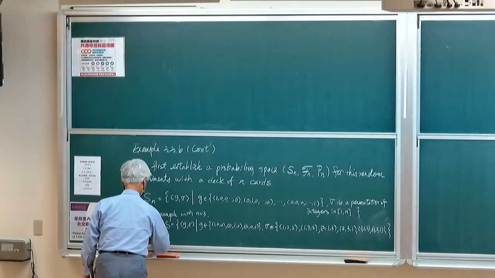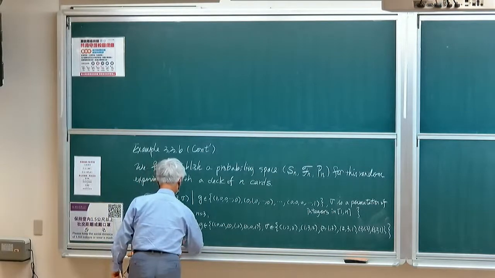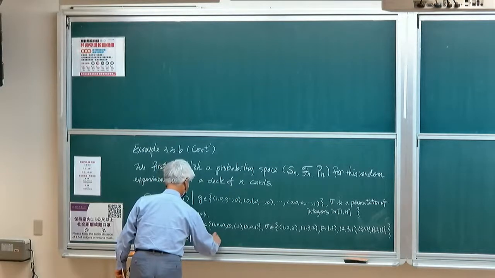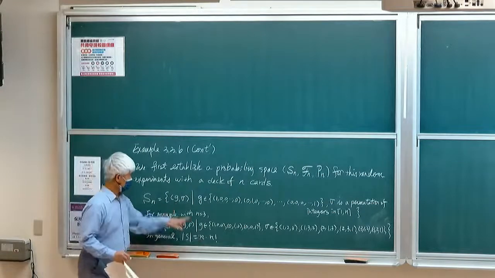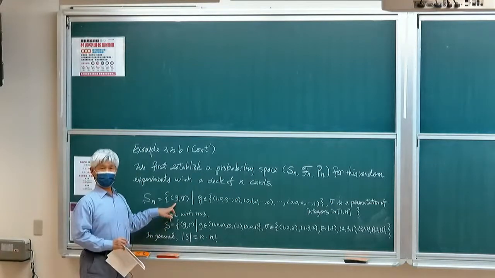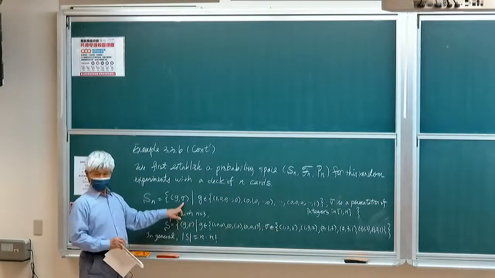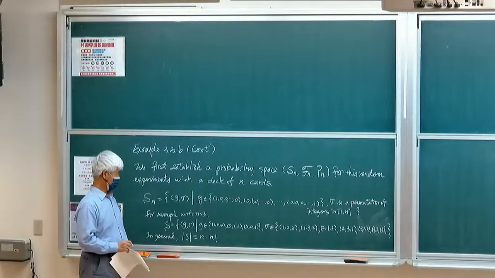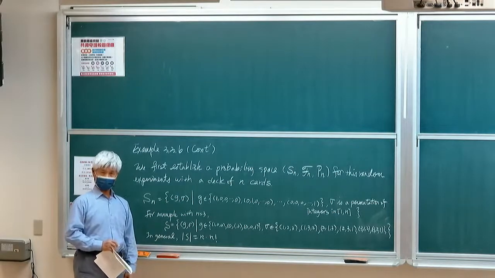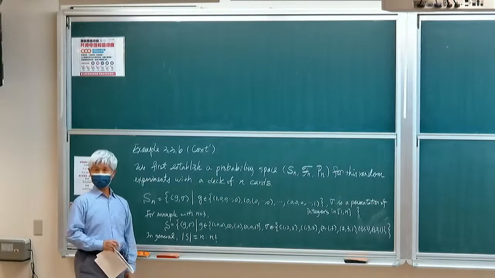In general, the size of the sample space is n times n factorial, because there are n possible guess sequences G, and there are n factorial possible sigma permutations. Any questions?